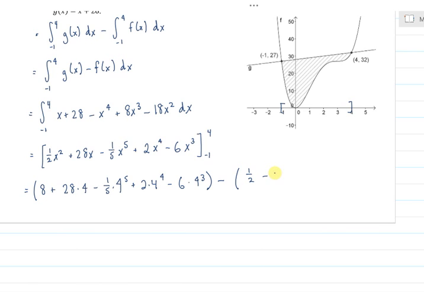I'm going to get minus 28, plus 1/5, plus 2, minus 6, no, plus 6. Put this in your calculator. I got 62.5. Hopefully I typed everything in correctly.